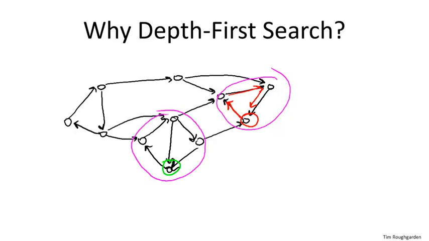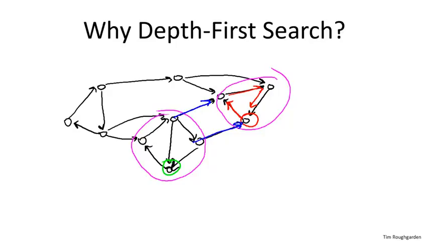So the four nodes here, it'll certainly find those four nodes. On the other hand, if we start from this green node, since there are arcs that go from this bottommost SCC to the rightmost SCC, not only will this DFS call find the four nodes in the green node's strong component, but it'll also traverse these blue arcs and discover the three nodes in the red triangle.